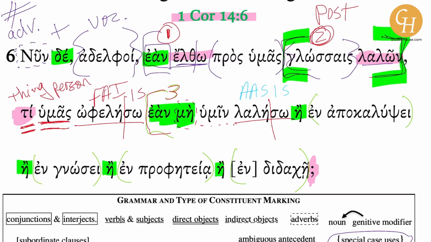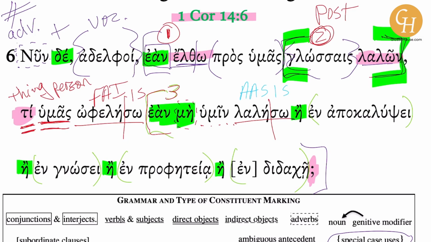Unless. Okay, so something really interesting going on here. You have a double ean. You have 2 conditions to this that would presumably lead to benefit. The first one sets the condition of speaking to you, coming to you speaking in a language. So under that condition, Paul asks legitimately, what would I benefit you? And the answer is presumably not at all.